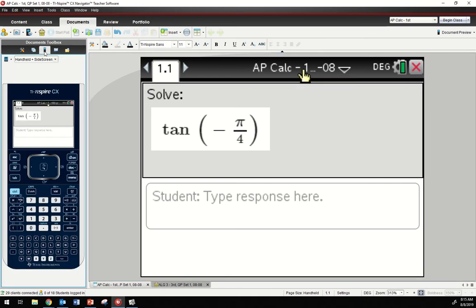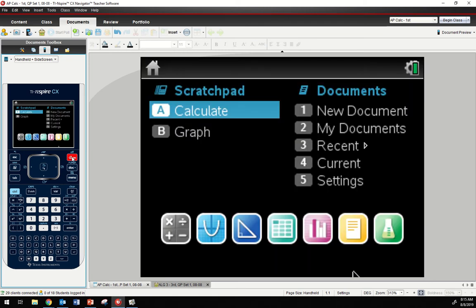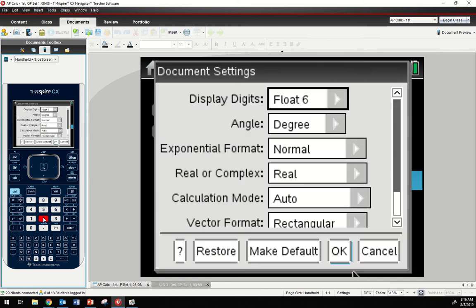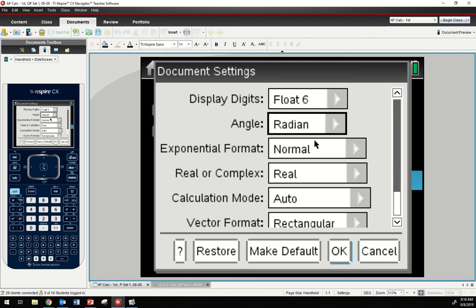Here, watch. You're going to go home. I'm going to go settings, which is 5. Document settings, 2. I'm going to change this to radian, and then from here you make default.